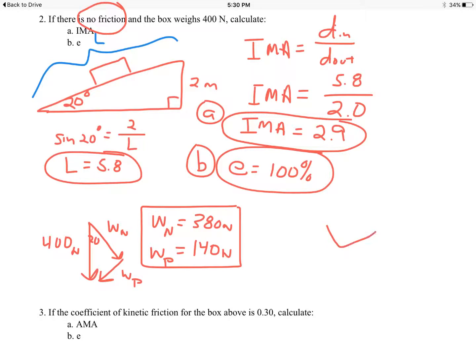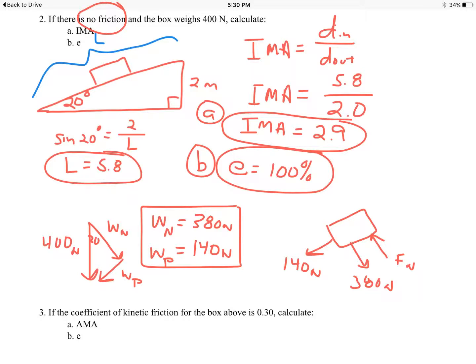So here's the box, 400 newtons. But I have W sub n, which is 380 newtons. I have F sub n, the normal force, and I have W sub p, which is 140. If you think back a couple weeks ago, every ramp problem starts this way. You have your 2 components for your weight vector and your normal force, which is always equal to your weight vector.